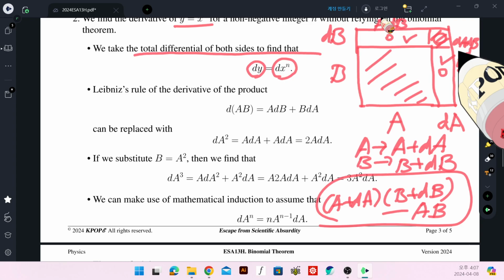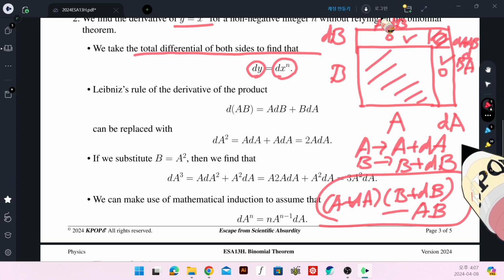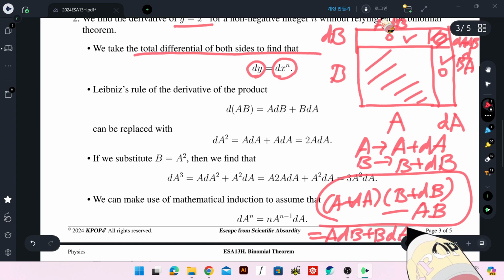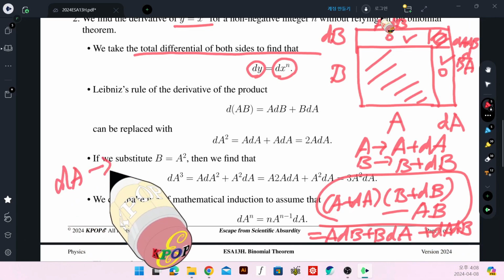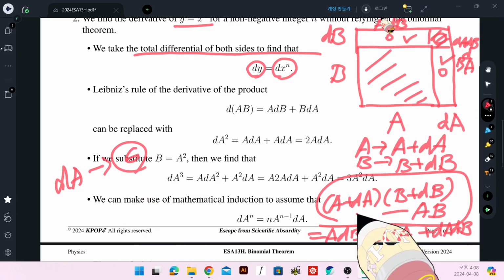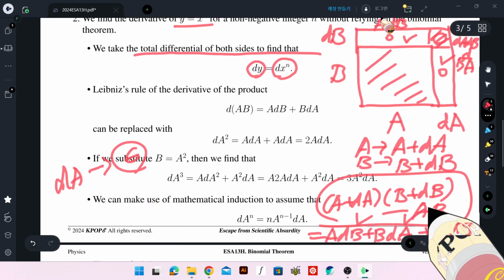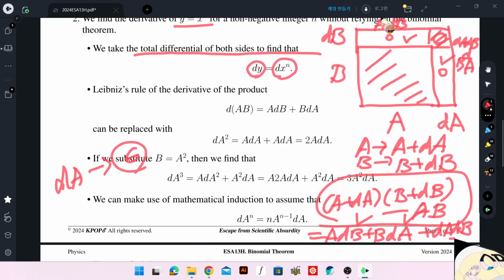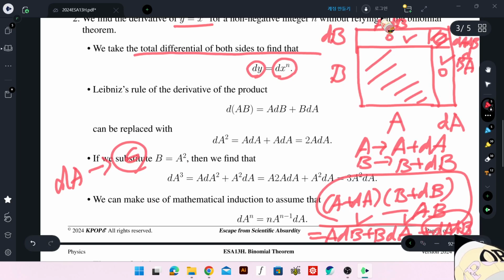As a result, in the infinitesimal limit, this differential is A dB plus B dA plus dA dB. But this dA is of order epsilon, very tiny. So this is order epsilon, this is order epsilon, but this is order epsilon times order epsilon, that is order epsilon squared. In the limit, as epsilon goes to 0, this one does not contribute at all.